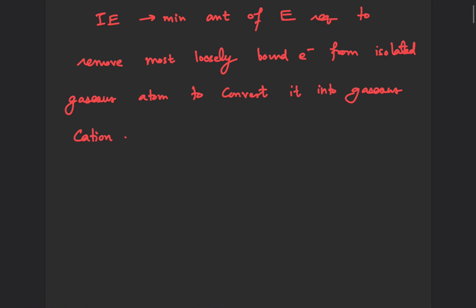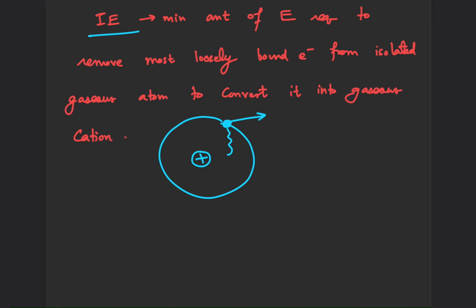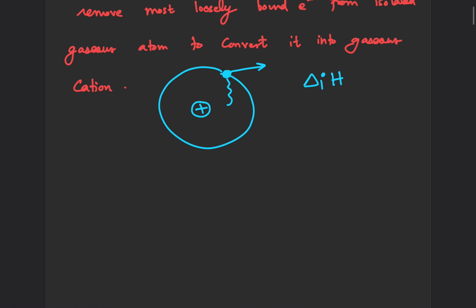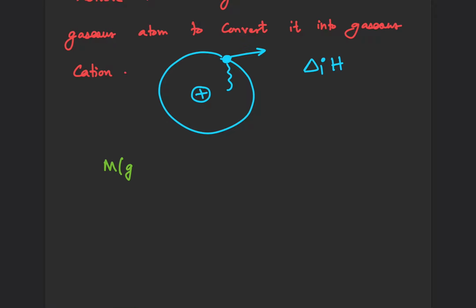Okay, with respect to diagram, let's say this is our atom, this is our nucleus. So let's say this is the most loosely bound electron. So how much energy I have to give to this electron so that it goes out from the atom and the atom converts into a gaseous cation. Okay, so ionization energy is represented by delta IH, and the process is represented as this.